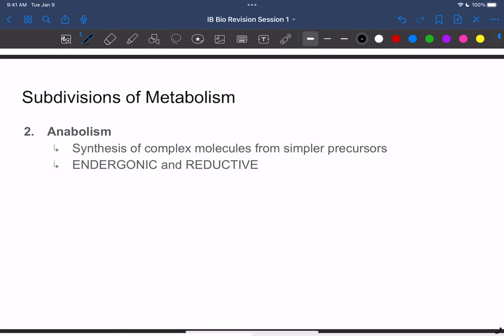Our second subdivision is anabolism, where you synthesize complex molecules from simpler precursors. And an example of this is nucleic acid synthesis.